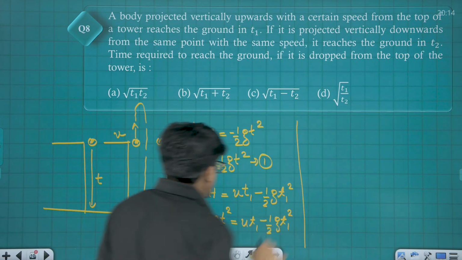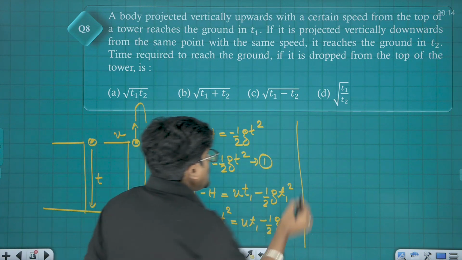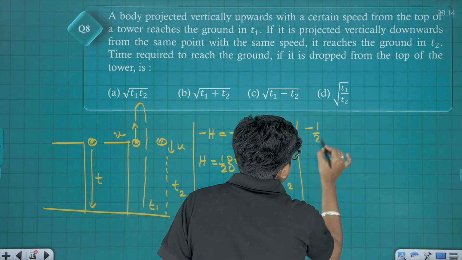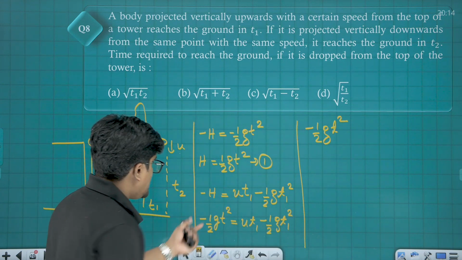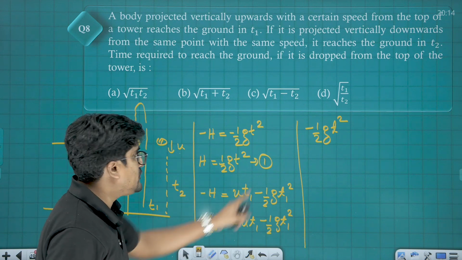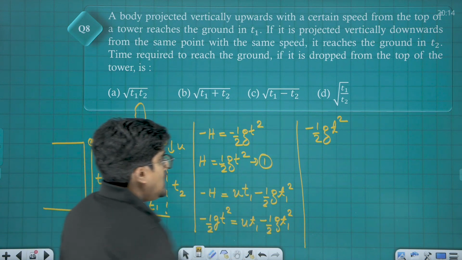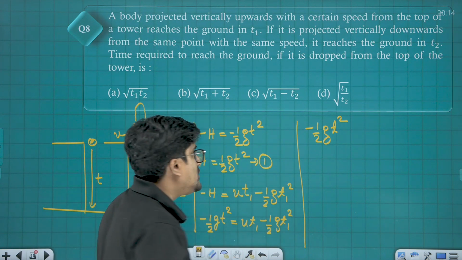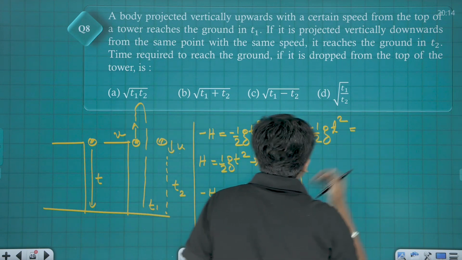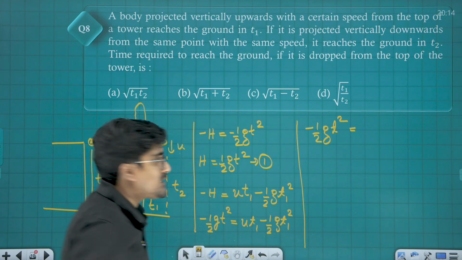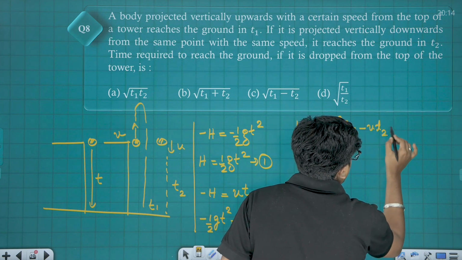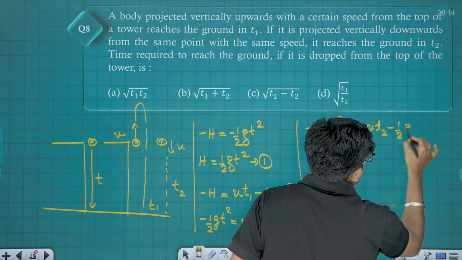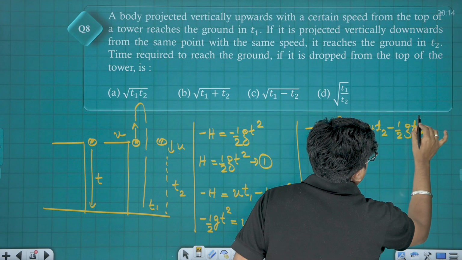So minus h appears there, and I write minus h as minus half of g t square. I just replaced h with half of g t square. So minus 1 by 2 g t square is equal to, this time I am throwing the body in the downward direction, so I write minus u into t2 minus half of g into t2 square.